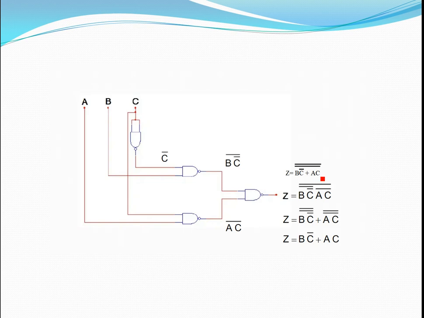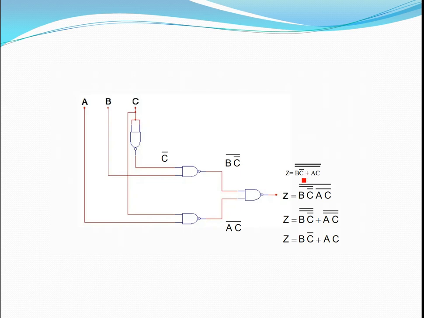As I already told, whenever you are designing any logical expression using only NAND gate, just take the double bar and simplify the expression in such a way that it should be in the form of SOP, that is sum of product, and it should be in the NAND form also.